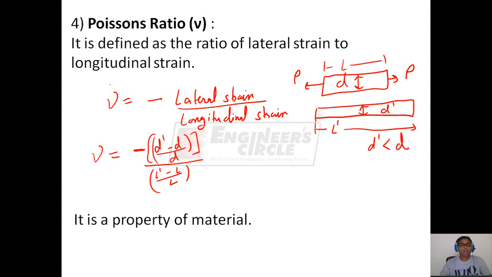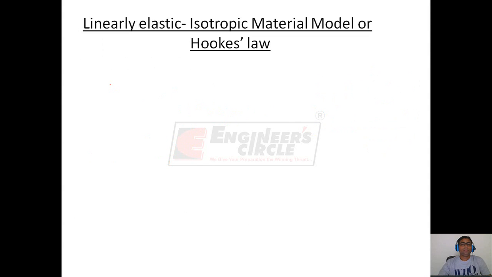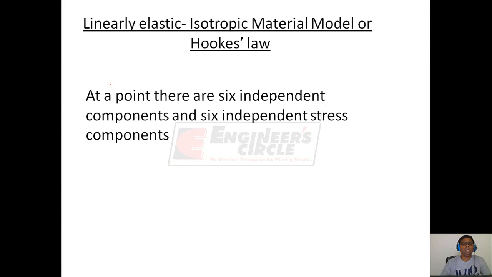It is to be noted that Poisson's ratio is a property of the material and it is not dependent on the load applied P. Now we can write Hooke's law, which is valid only for a linearly elastic isotropic material model. We have learned that at a point there are 6 independent strain components and 6 independent stress components.